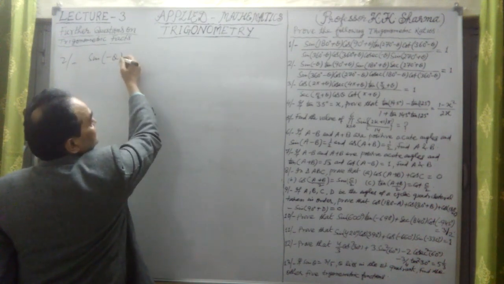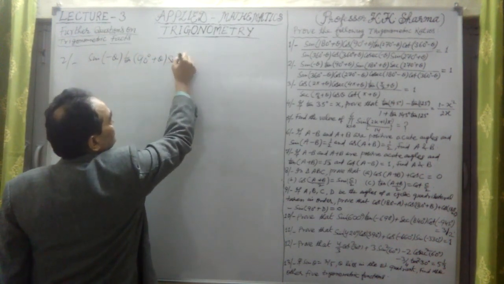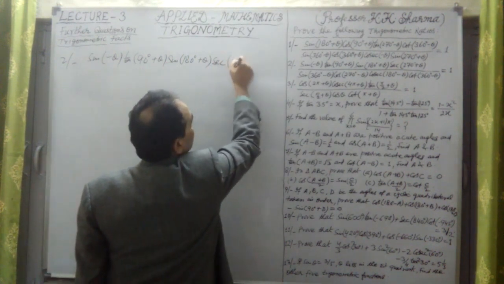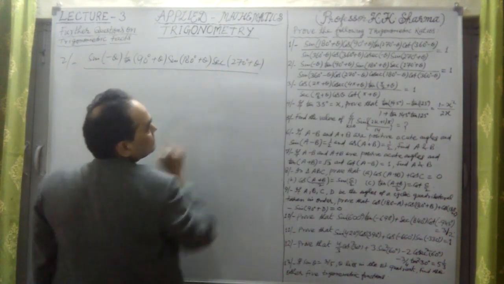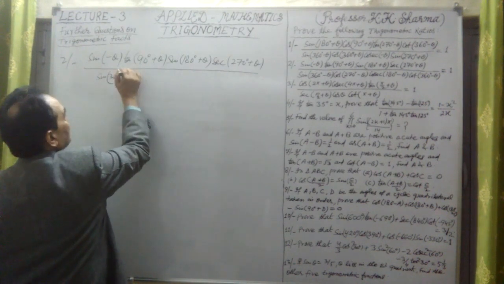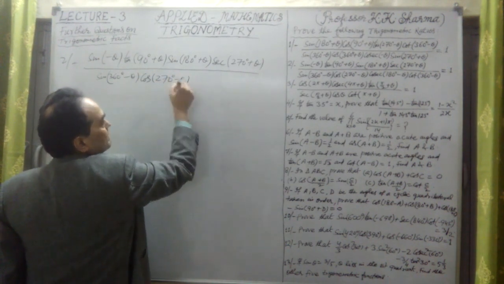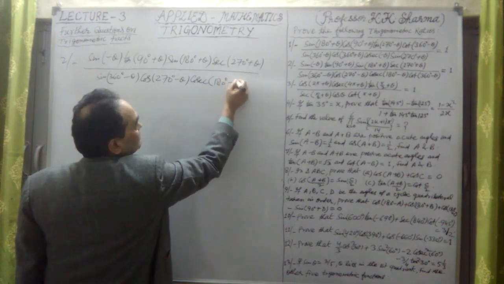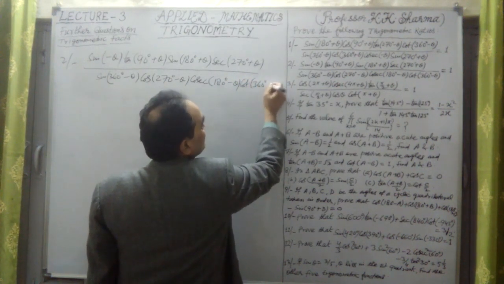Second question: sine of minus theta, then tan of 90 degree plus theta, into sine of 180 degree plus theta, into secant of 270 degree plus theta, divided by sine 360 degree minus theta, into cos 270 degree minus theta, into cosec 180 degree minus theta, into cot 360 degree minus theta.